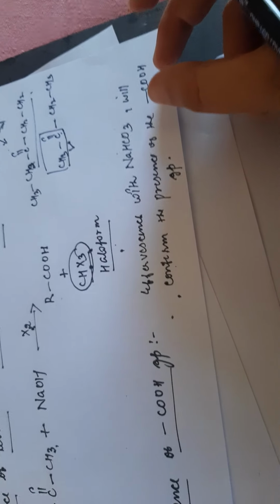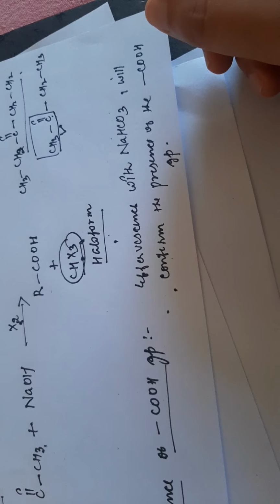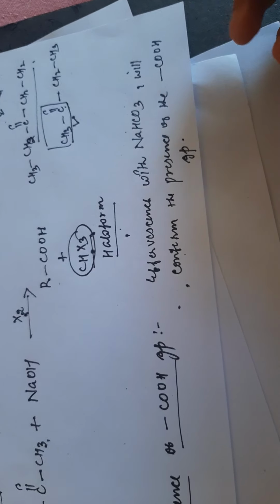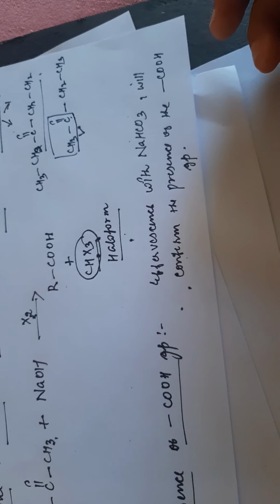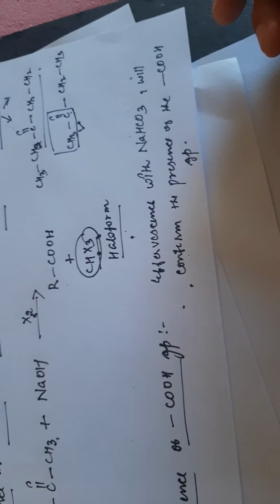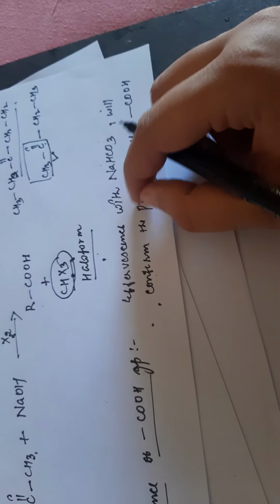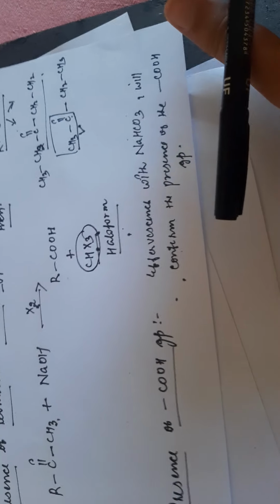This is the confirmation test for the presence of a carboxylic group. If a terpenoid with sodium bicarbonate gives effervescence, then it is confirmed that the oxygen is present as the carboxylic group. In case the terpenoid's molecular formula contains only one oxygen, this will be omitted because a carboxylic group has two oxygens.